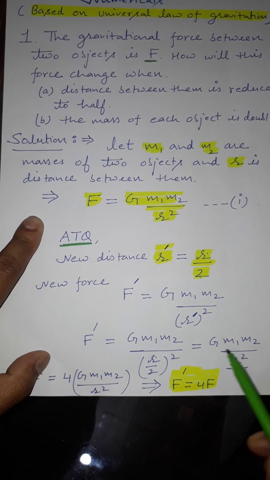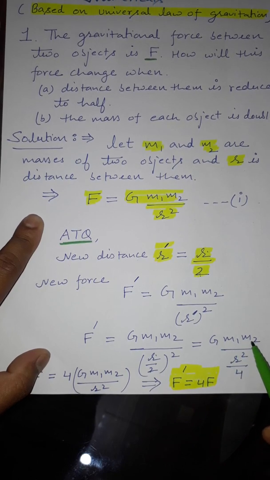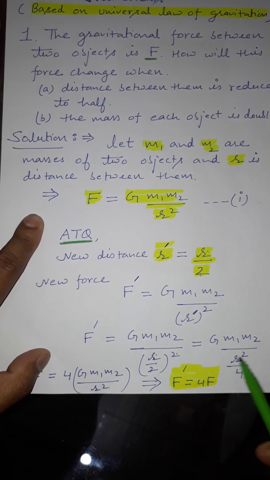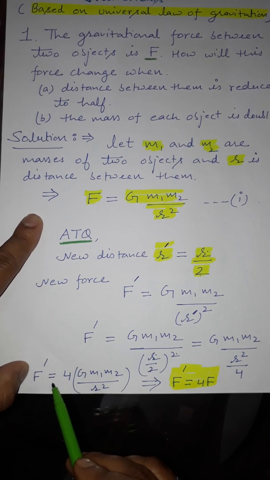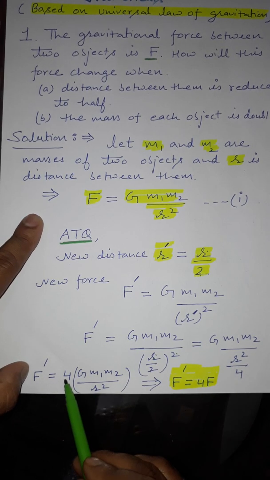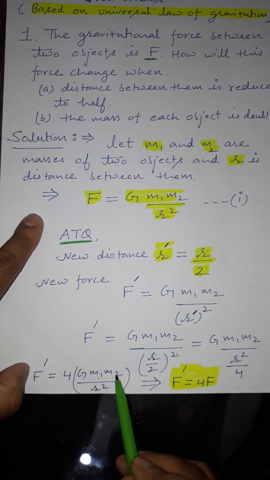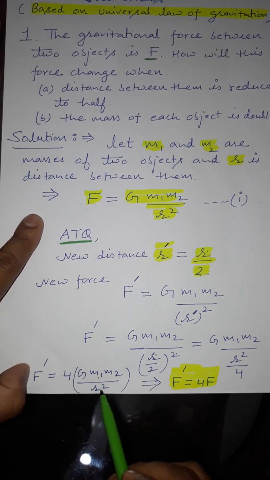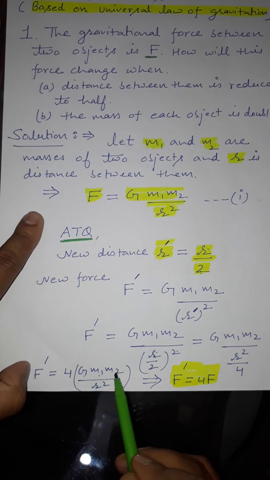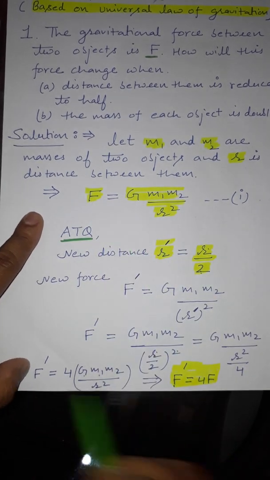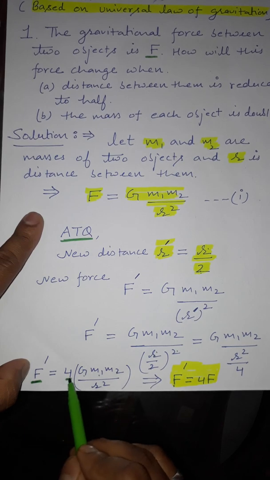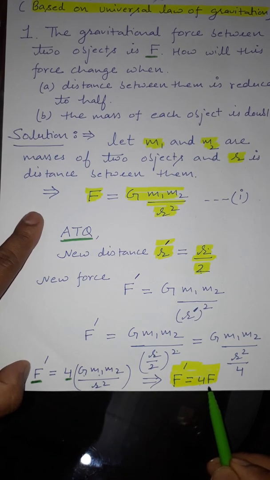On solving, it is G m1 m2 over r square over 4. This becomes F dash equals 4 times G m1 m2 over r square. Now, G m1 m2 over r square was the original force, so the new force F dash becomes 4 times the original force.